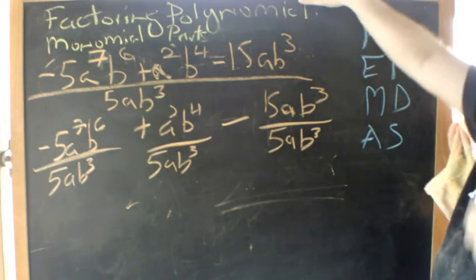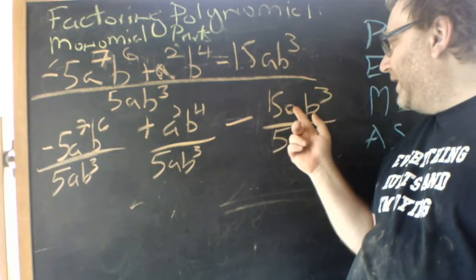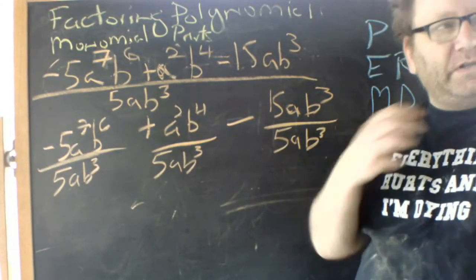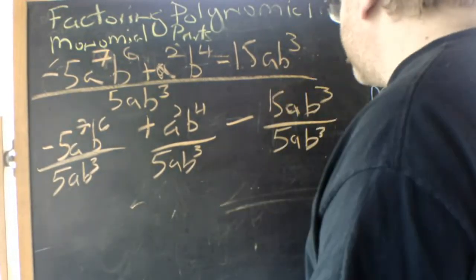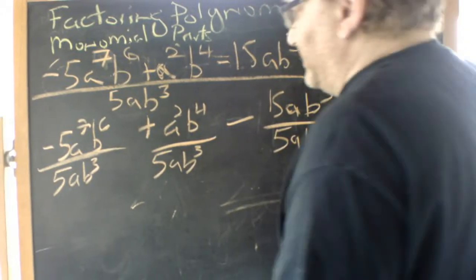I hope verbally, you're hearing on this last one, ab cubed divided by ab cubed, same over same, same over same. That should help us think, hey, we're going to get some cancellation here.